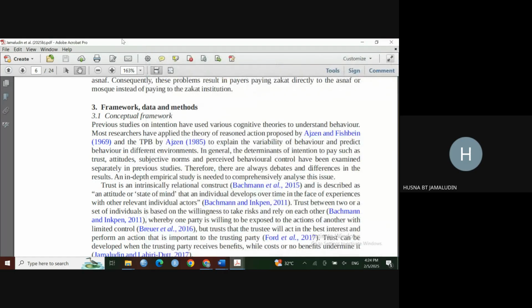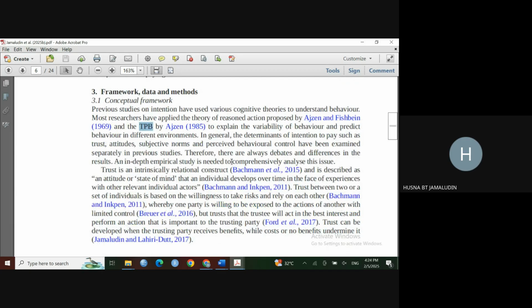So in this case, this is zakat, right? You can see that I'm using the cognitive theory, the theory of planned behavior. So I'm actually reviewing the theory. The theory was introduced in 1969, and then they improved it in 1985. But somehow, after some time, the theory has evolved.